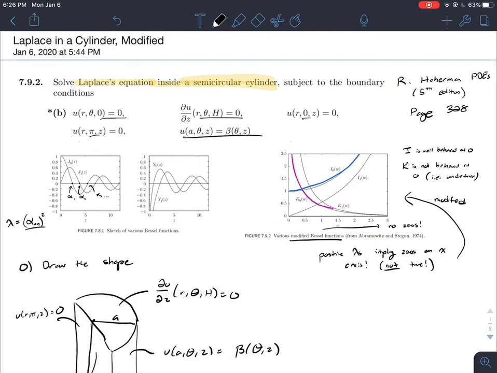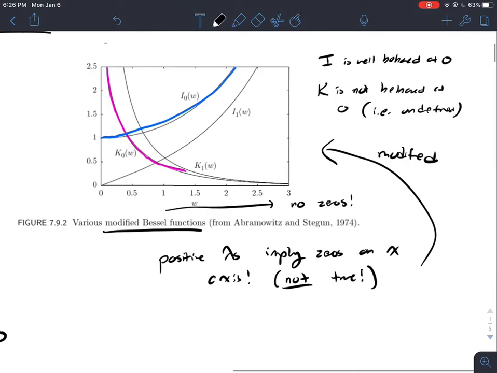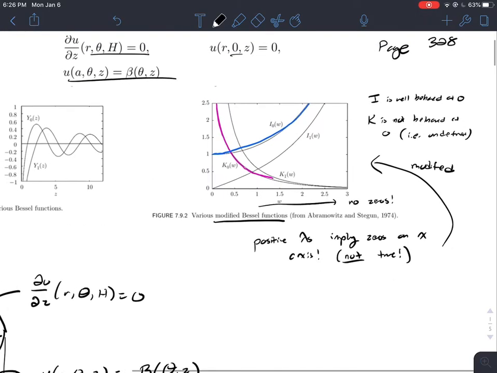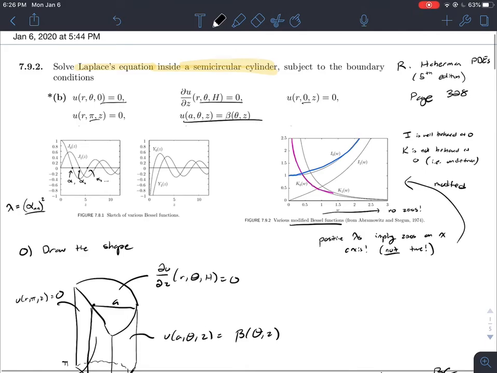Therefore, negative lambdas result from these types of problems because of the simple fact that there's a contradiction in saying that we have positive lambdas. Saying we have positive lambdas implies that we have zeros on the x-axis, which is definitely not true. So consequently, these negative lambdas arise as a result of the contradiction implied with positive lambdas.